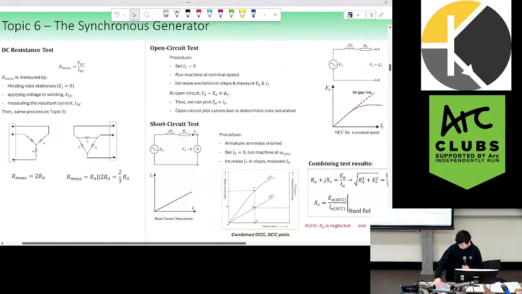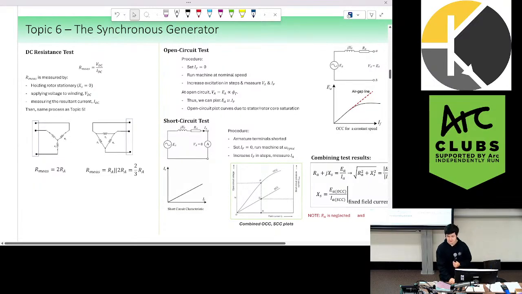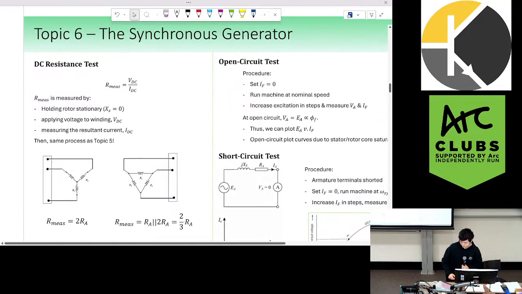All right. So we have 3 tests as opposed to 2 for our synchronous machines. So we have our DC resistance test. This is where we measure the armature resistance as per some DC excitation of the stator. It's a little strange, especially because, wait, where's the pen? You have the pen.